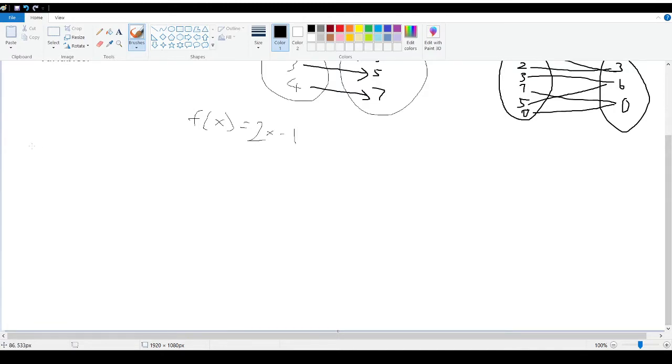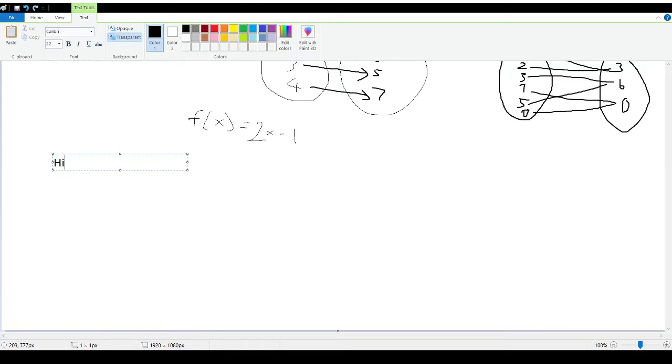So how do I identify a function? How about, how to know if it's a function?